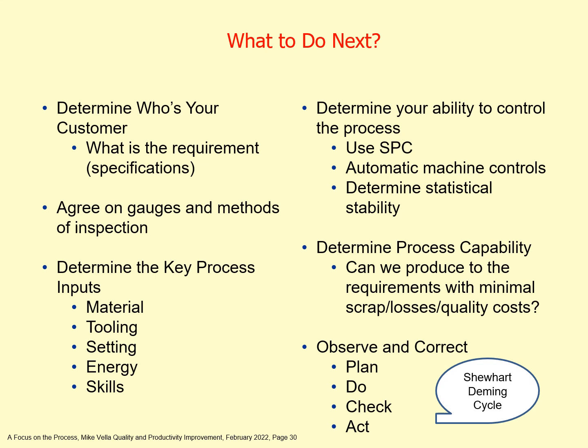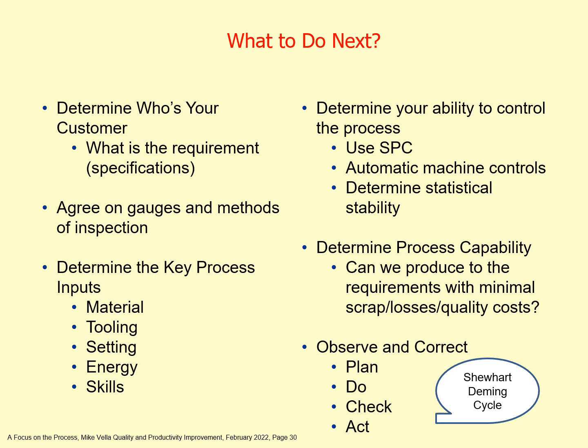Determine your ability to control a process. Use statistical process controls. Use automated machine controls. And determine statistical stability. Remember, process control has to do with statistical control. Determine the process capability. Now, if your process is running in control, can you meet the customer's requirements?